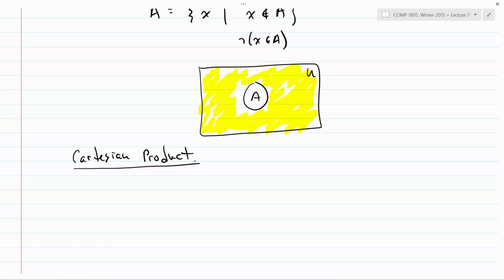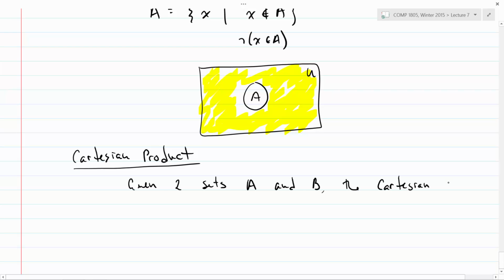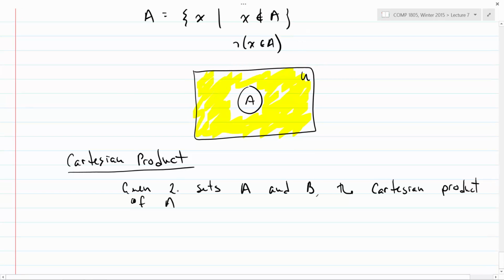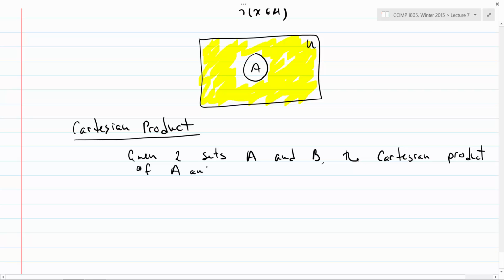So given two sets A and B, the Cartesian product of A and B is denoted A cross B. So that's the same symbol you would use for something times something.